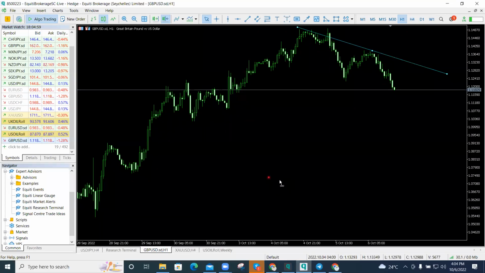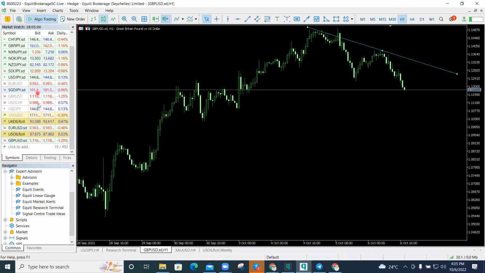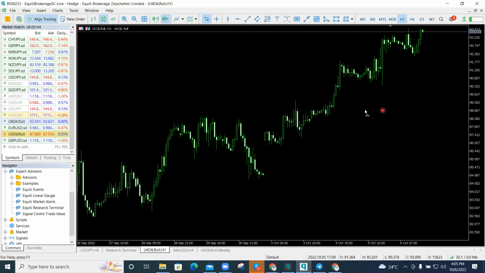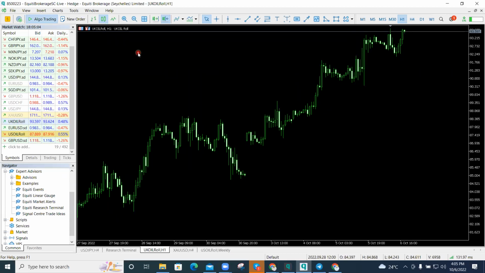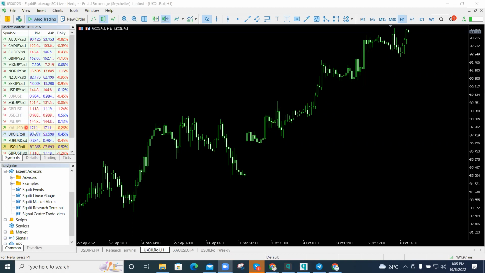So we come over to the chart, we look for UK 100. This is UK 100, and we have this UK 100 on the hourly chart. Oh sorry, this is UK oil, UK 100. Pardon me, I need to add it as well. I thought I did.